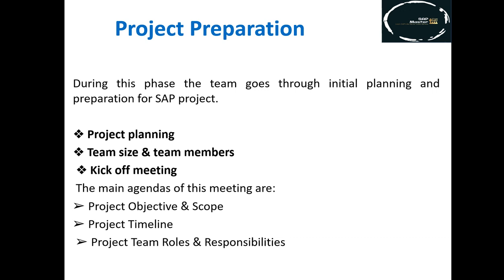They are the top level managers from each department, like general manager, CFO, CEO. Okay, just like this. So in this phase we are discussing their project planning, meaning how much time it takes. This kind of discussion happens in project preparation.